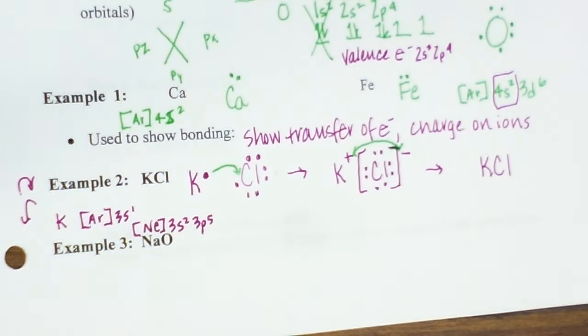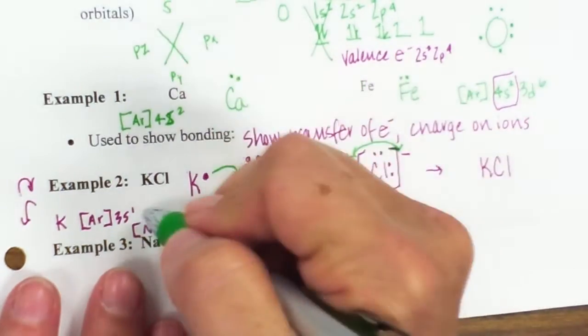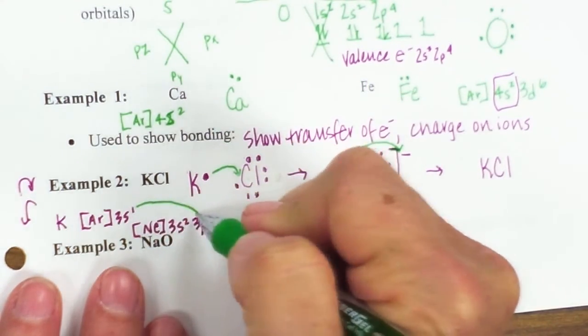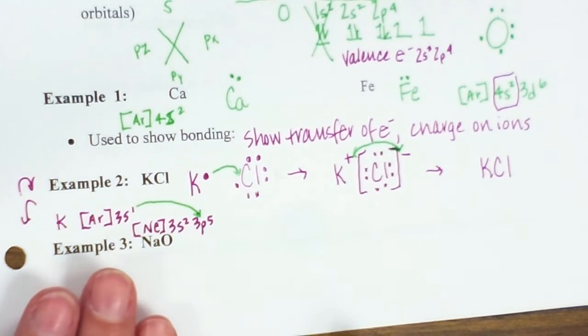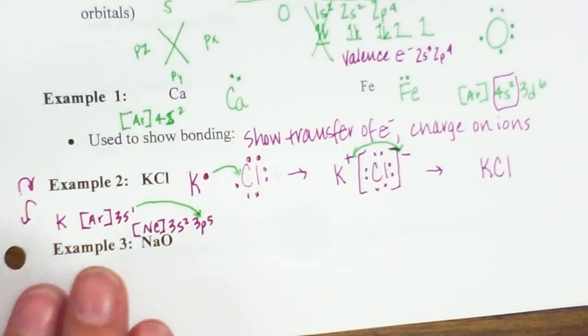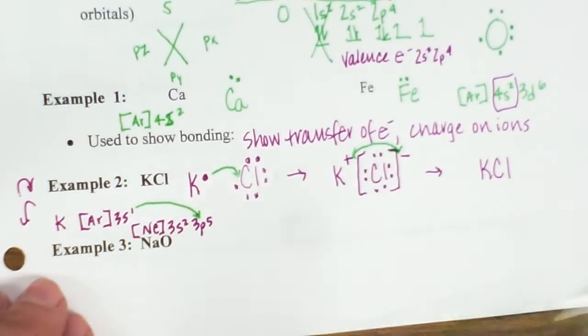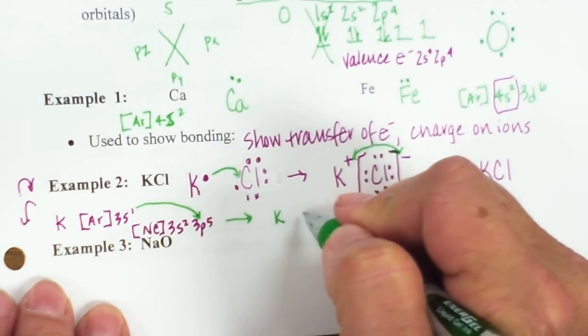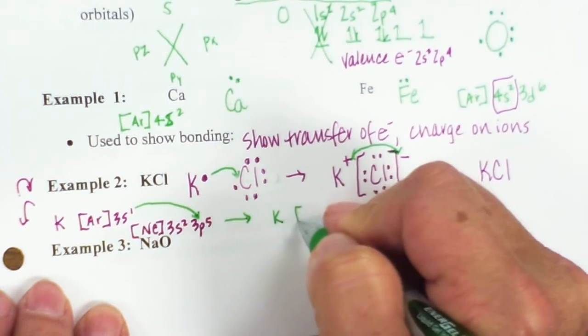And here comes that electron getting transferred over here, right? That's where it's going. So what we end up with in the end is potassium is now argon.